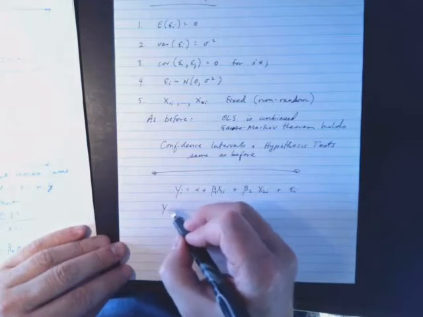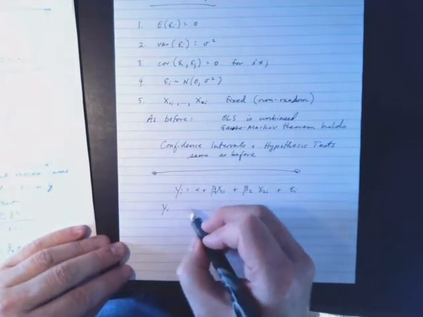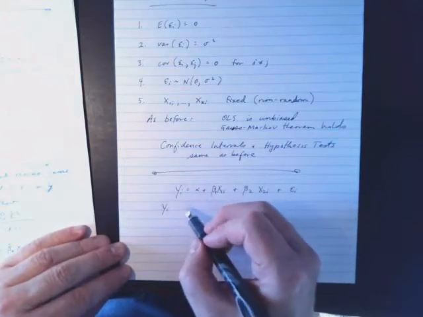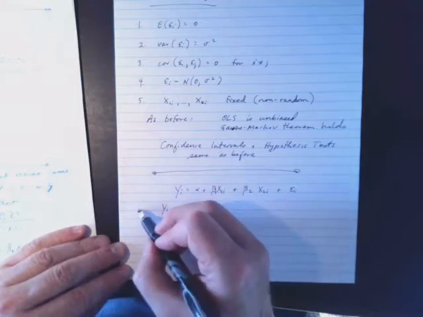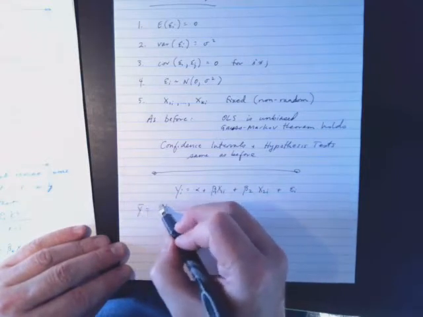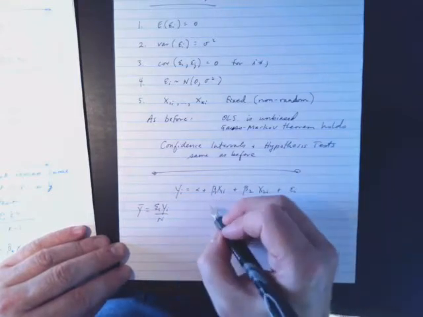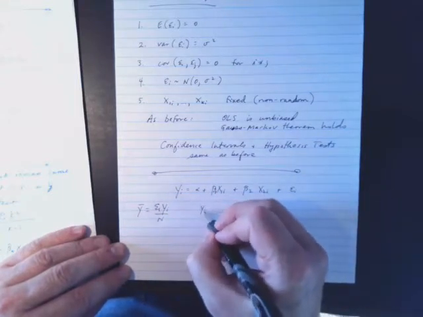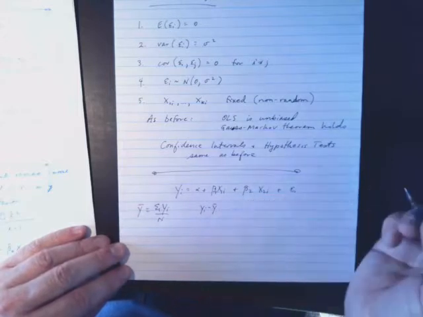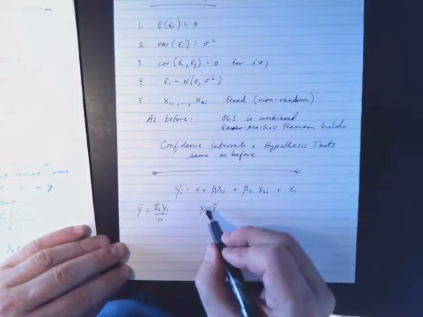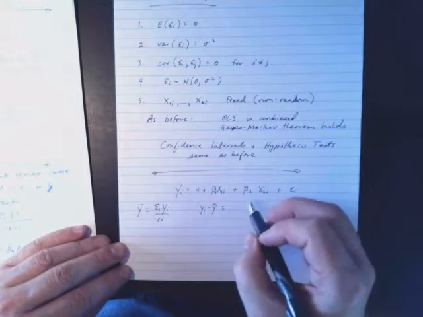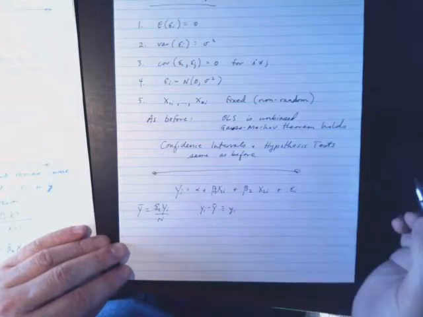If you have a variable y, and we compute the average of it, then if you subtract the average from each of the observations, we're going to call that little y.